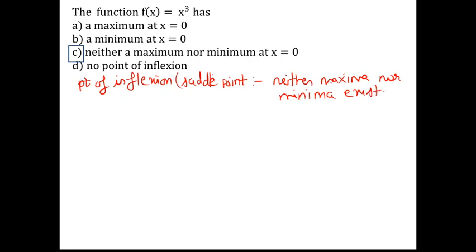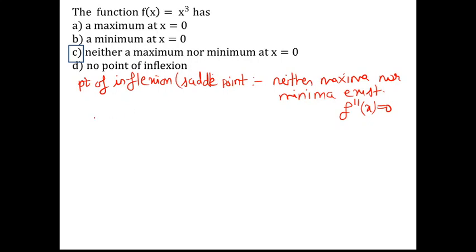So what is the condition for non-occurrence of maxima and minima? In this case, f double dash of x is equal to 0 at the given point. When we have f double dash of x equal to 0, that is called a point of inflection or a saddle point.